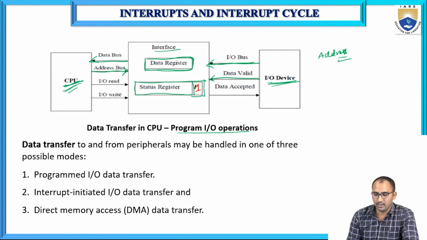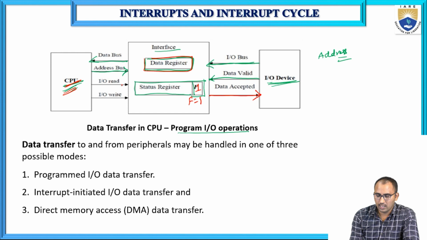Flag equal to 1 indicates that the data register has some valid data, so the interface unit will send a data accepted signal to the IO device. When F is equal to 1, the CPU can read the data available in the data register. That is called IO read, IO write.